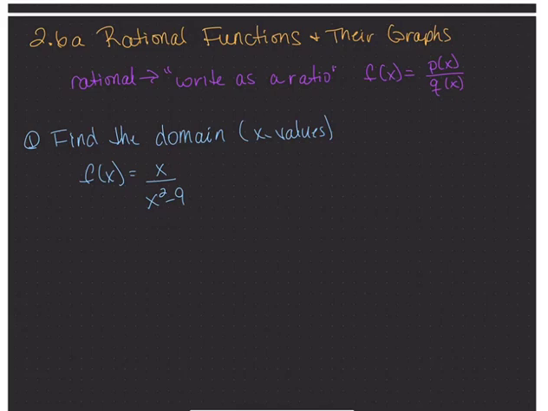So I'm going to go with x squared minus 9 equals 0. Granted, we're trying to find those values so that we know it's not going to equal 0. Then we're going to add 9 to both sides. x squared equals 9. We're going to take the square root, and we're going to get x equals a positive or a negative 3, right?